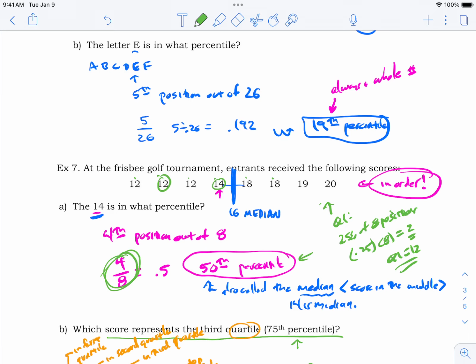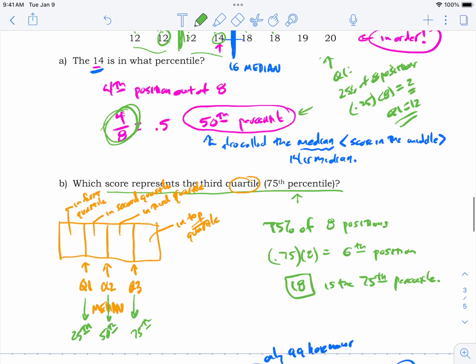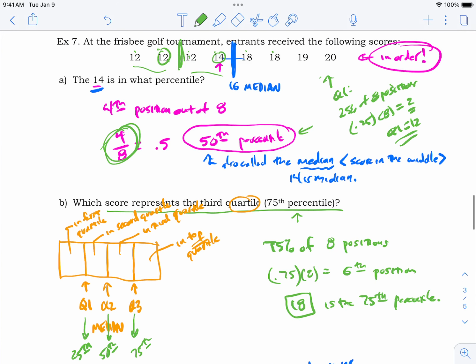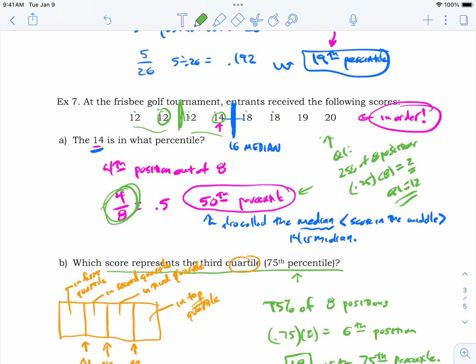Even if we were really careful and said that's the first quartile, because it splits into 2 groups here, well, between 12 and 12 is 12. So we could play fast and loose with our percentages like this. That's fine. But just remember this idea that the quartile, like a percentile, is talking about the position. It's not talking about how big the number itself is.